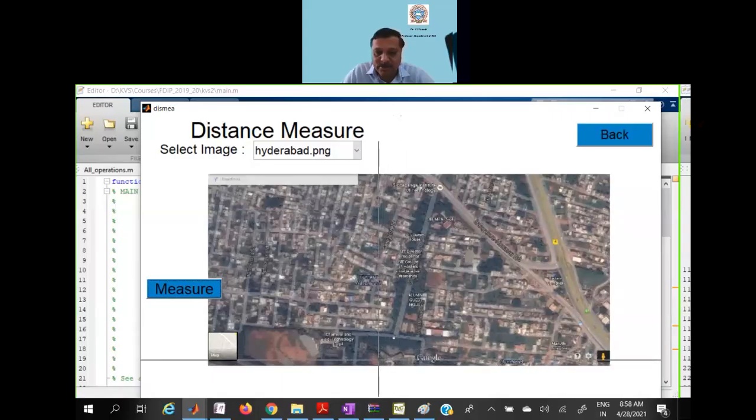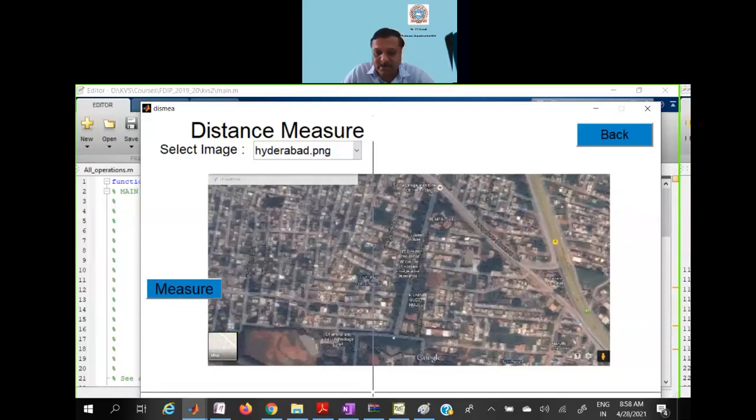Now suppose I am interested in the distance from probably this junction point. I can click here and click here, and measure this distance, and the distance will be displayed. So let me just go here, click and click here.